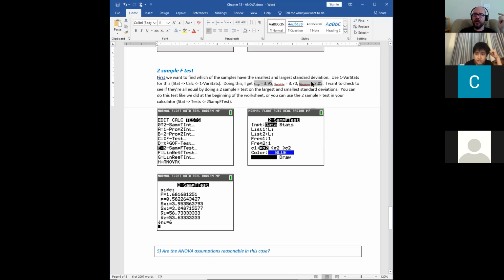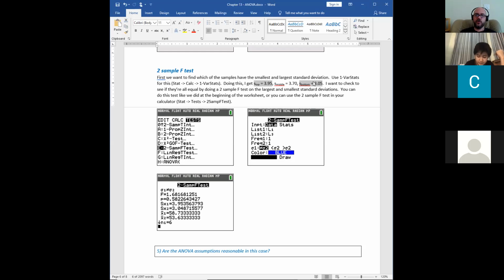They're sort of squeezing it between these other two. So we really only have to check the biggest and the smallest ones, because we need all the population variances to be equal. If the ones that are the farthest apart are considered equal, then it's perfectly reasonable to consider all the ones in the middle equal too.